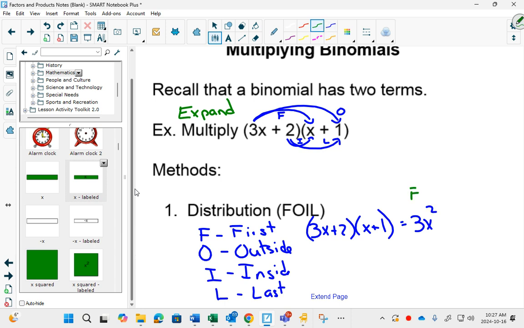And I'm going to put an F just over top of that to say that was our first one. When I multiply the outside ones, I would have 3x times 1. That would be plus 3x. That's my outside one. The inside one would be 2 times x, so that's plus 2x. My inside one. And finally, 2 times 1 is plus 2. That's my last one.